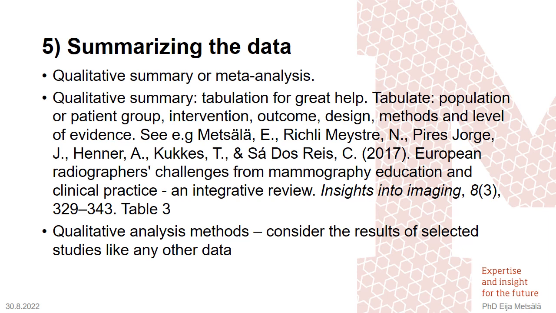You also map or tabulate the articles and describe the articles by this kind of tabulation. Please check out on your own this article and look at the tables and figures, how the results were summarized based on qualitative summary.